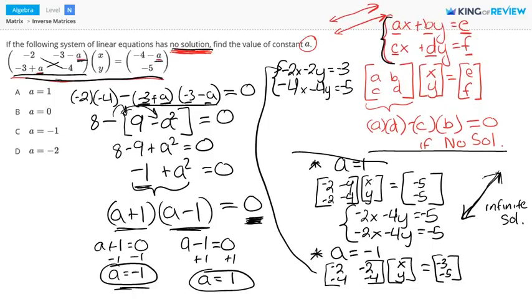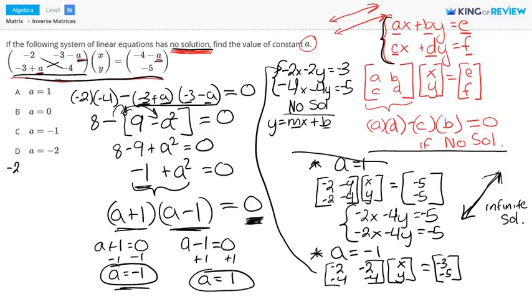So these two equations here would have no solution because they would produce parallel lines. And we know that they produce parallel lines because if we put them into mx plus b form, y equals mx plus b, this is slope-intercept form. So I want the y by itself on one side.